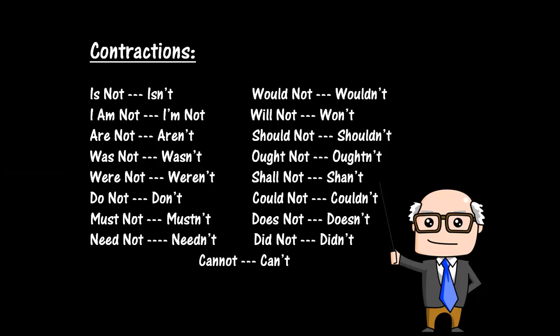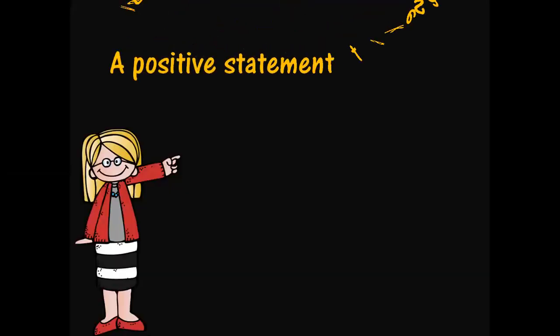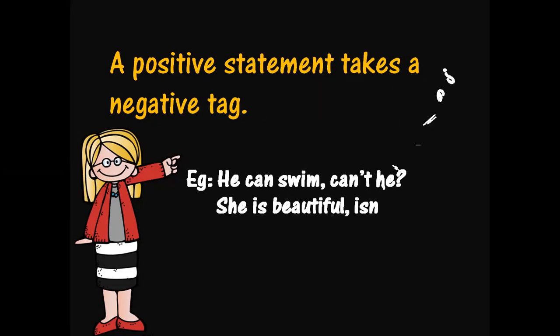Now let us see the rules. Starting with the basic rule of the question tag: a statement and a tag. When you're using a positive statement, we use a negative tag. Always we use a negative tag when it is a positive statement. Look at the examples. He can swim, can't he? She is beautiful, isn't she?